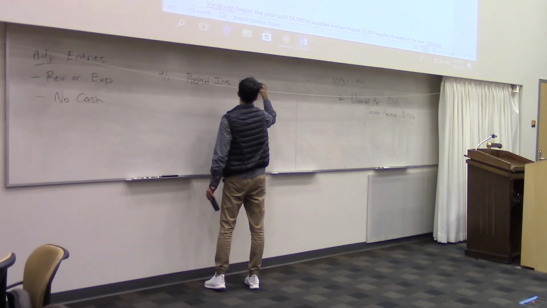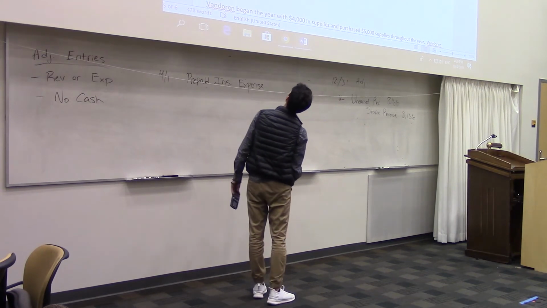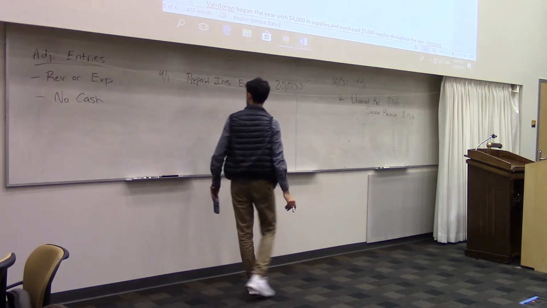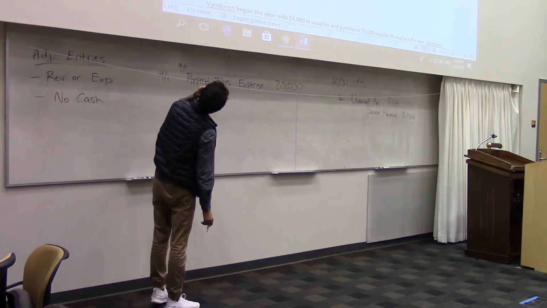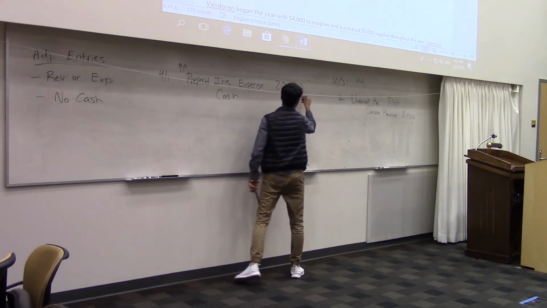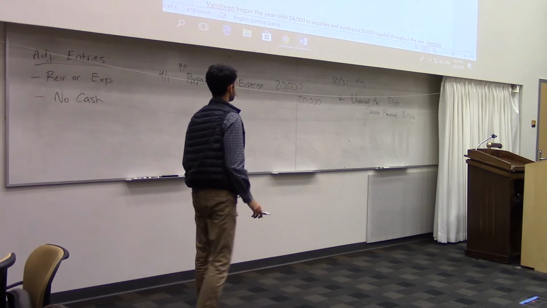Prepaid insurance, which is not an expense. It's an asset, for 20. So we're increasing an asset and then decreasing cash. Good, it doesn't really say it, but just say we spent cash.